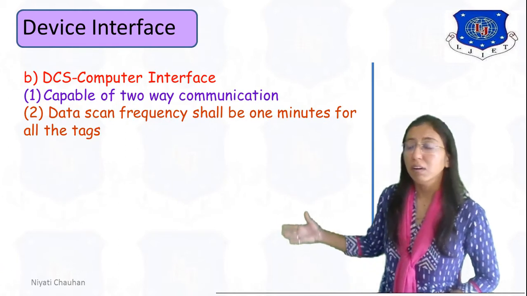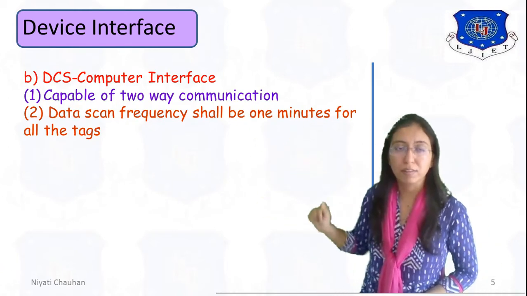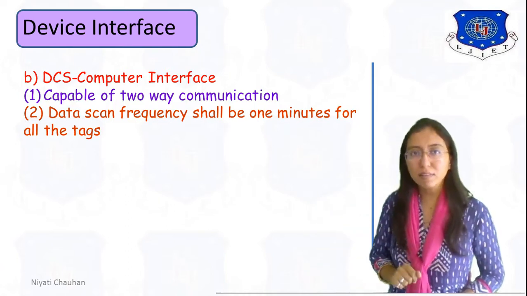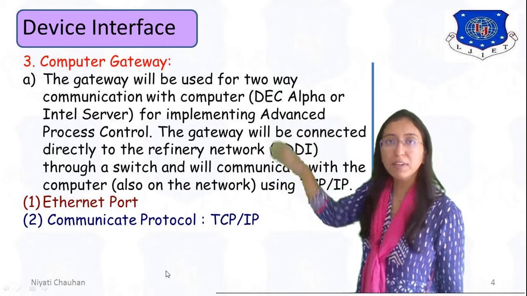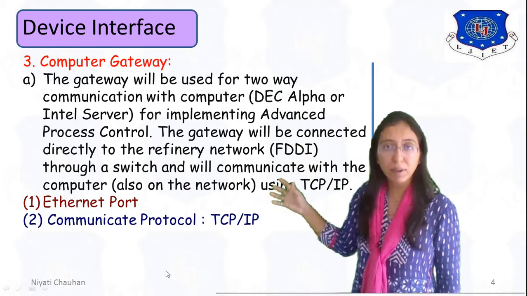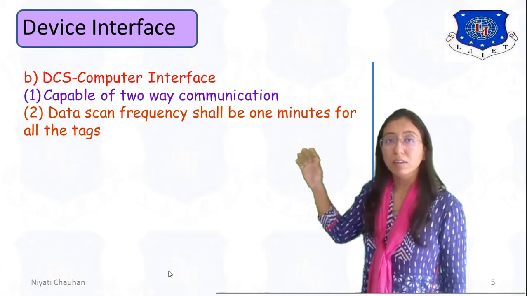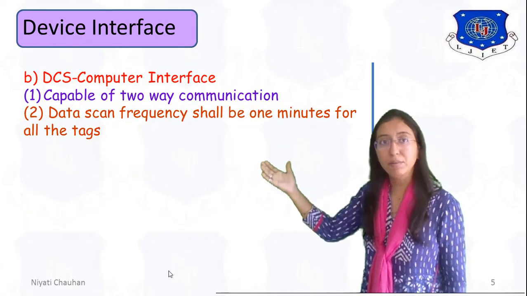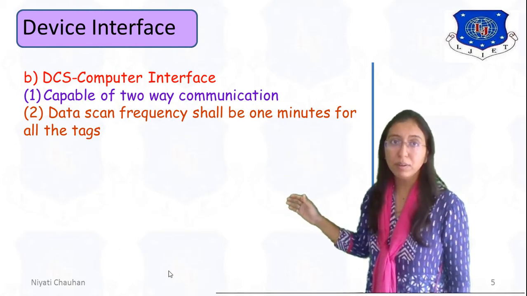Then another part, DCS computer interface. Okay, so here you can see first is gateway. Through the gateway we communicate with devices, right? And then next is the DCS computer interface, capable of two-way communication, right?